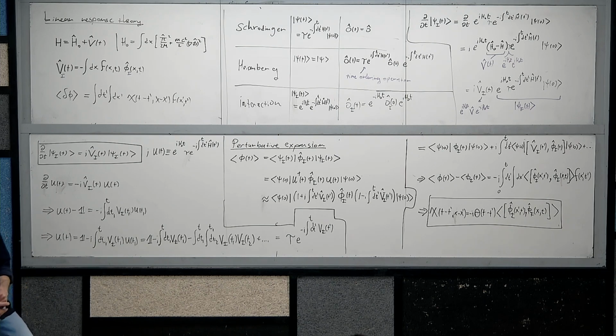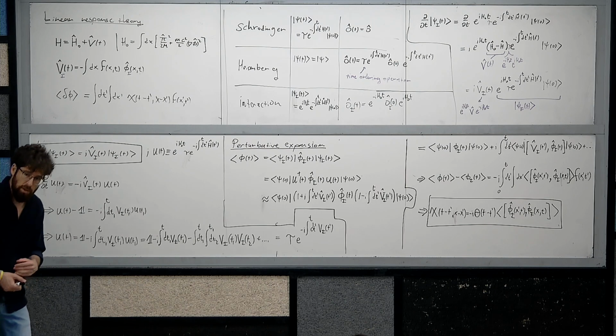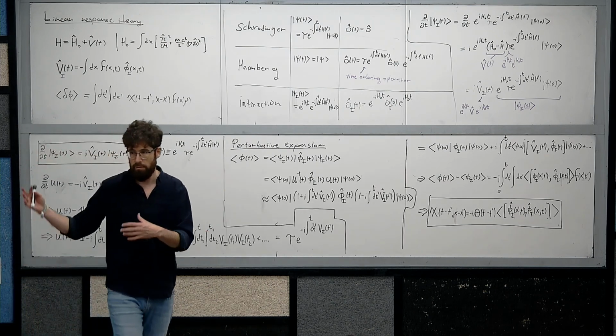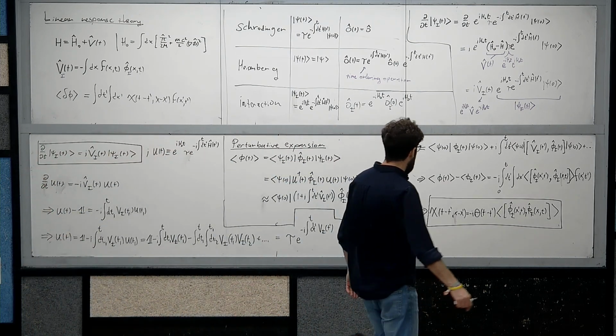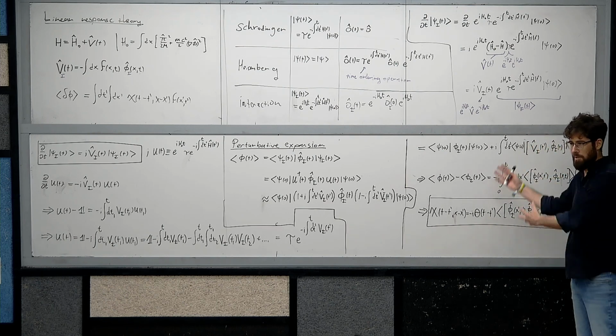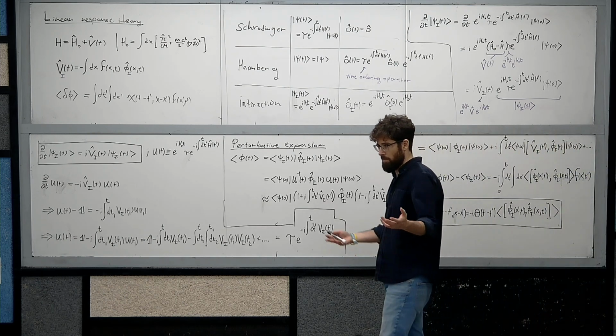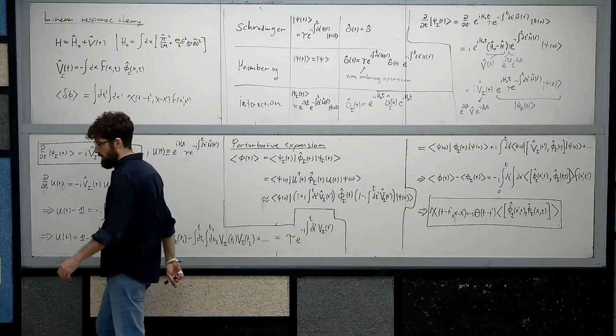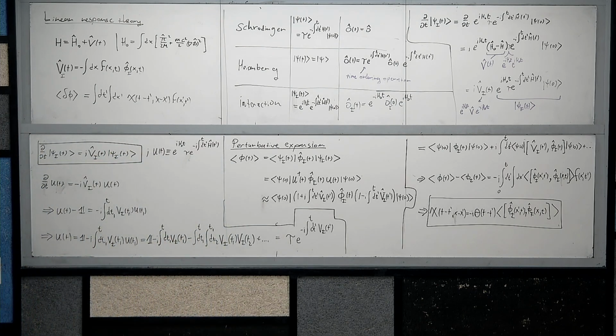If you're evolving in an eigenstate, then it won't depend on time. But if you don't start from an eigenstate, then it can oscillate. For example, if this is a coherent state, then you can see it oscillate in a harmonic oscillator or something. The fact that it's a time independent Hamiltonian doesn't mean it can't have dynamics.